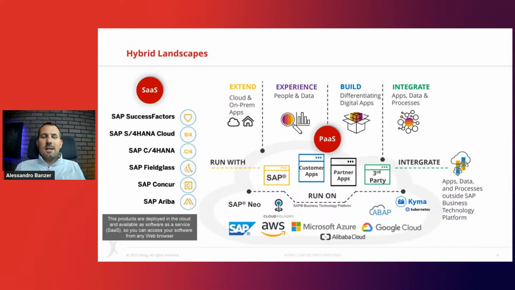What that means nowadays, and that's definitely the topic of today, is that we will have more and more what we call hybrid landscapes, meaning we have our, let's call them legacy applications, our on-premise applications, whether it's our ECC or even S4HANA. But there's a lot of enablement happening in the cloud. We have cloud applications like SuccessFactors, Fieldglass, Concur, Ariba, and so on, that you're taking on more and more.